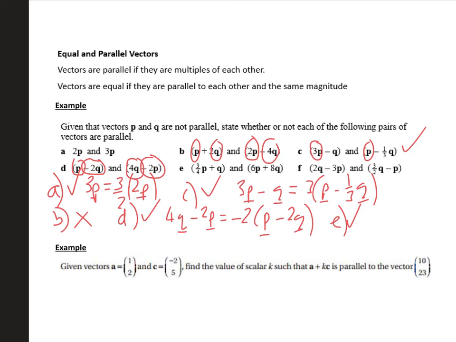And then F, well, to get from 2q to 3 over 2 q, I need to times by 3 over 4, but if I times minus 3p by 3 over 4, I don't get minus p. So that's not parallel.